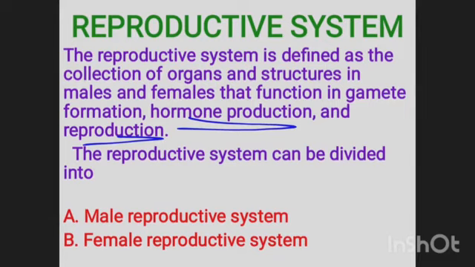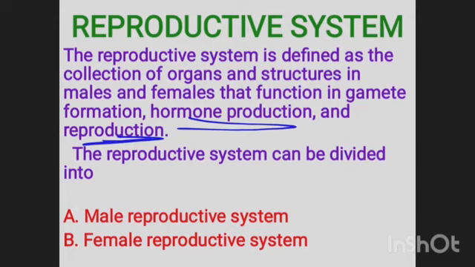Collection of organs or structures in males and females that function in, number one, gamete formation, hormone production, and reproduction. So all the organs in the male, all the organs in the female that work together to function in gamete formation, which is the sex cell, and hormone production.